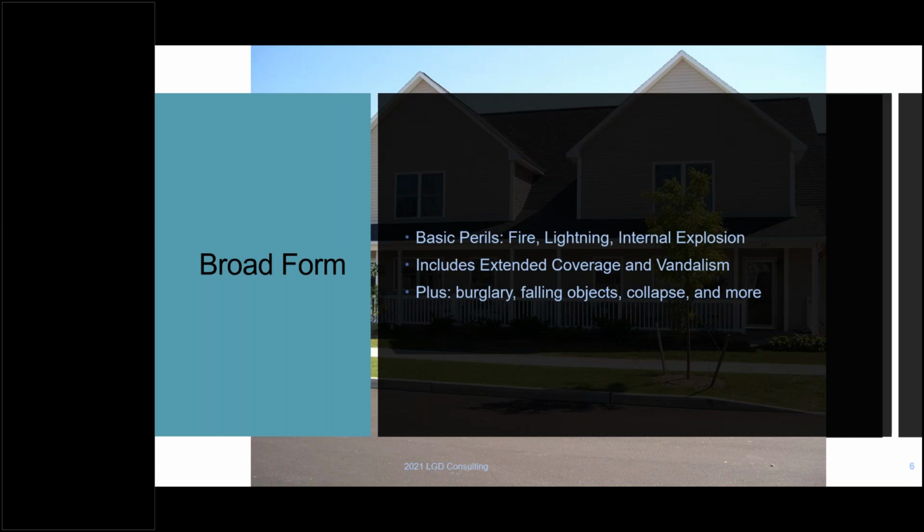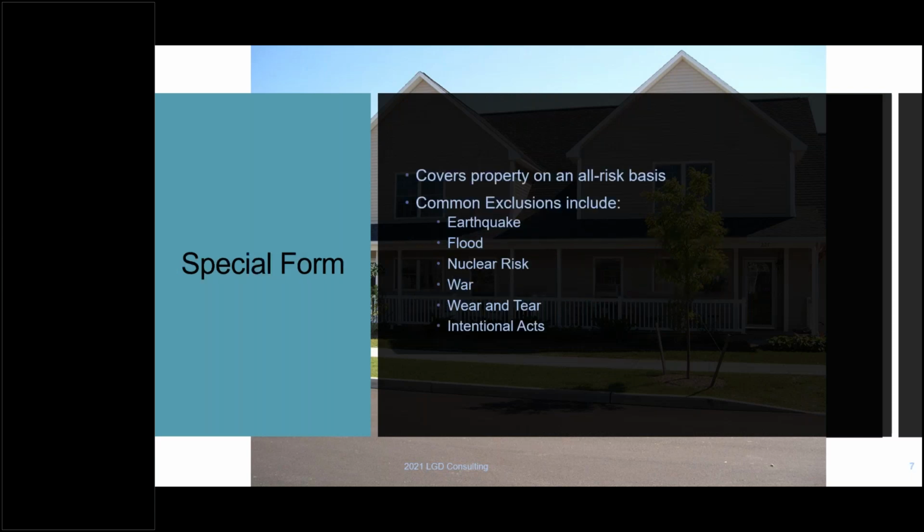I mean, there's some other perils and stuff, but you don't have to go into too much detail on those. At least we haven't seen any questions that go beyond this. Among other things, burglary, falling objects, and collapse are also covered in a DP3 and are not covered in a DP1. Okay, so you do get those comparison contrast questions, so be prepared for that.